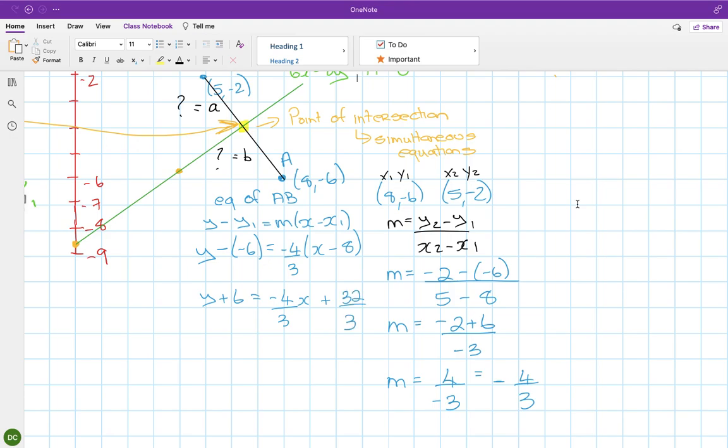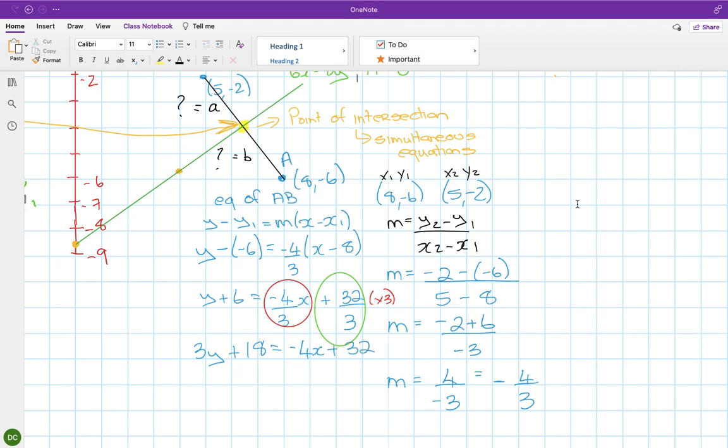I need it to be simultaneously equationable, so I'm going to multiply this by 3. That multiplies everything by 3, which is 3y plus 18. Multiplying this by 3, we'll just cancel the 3, so minus 4x, and again plus 32.